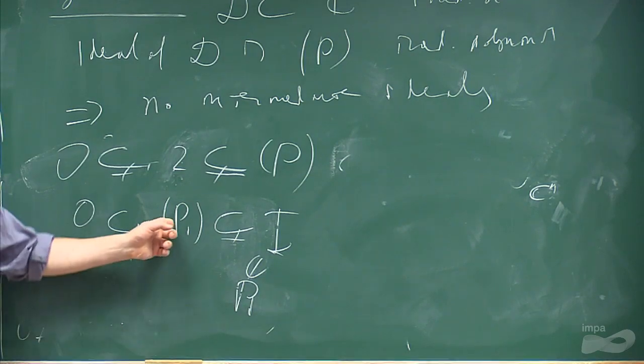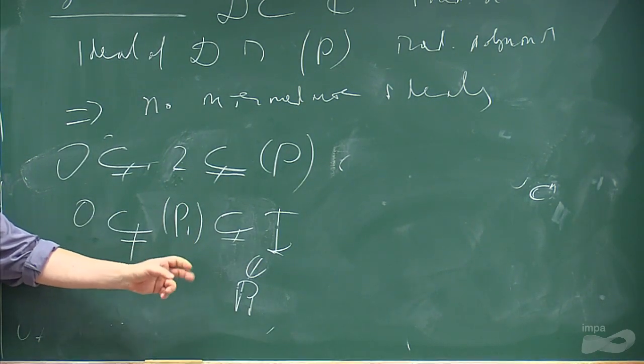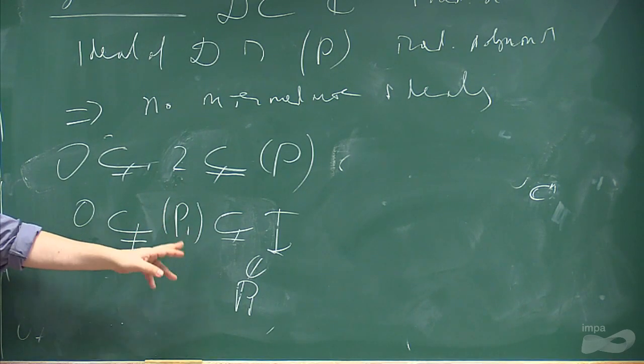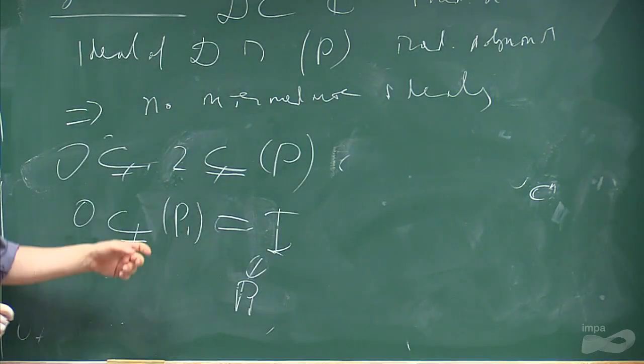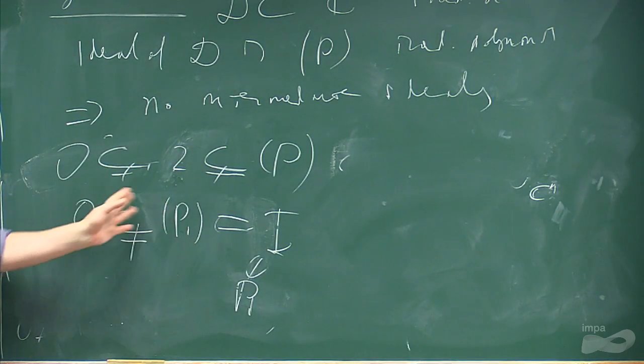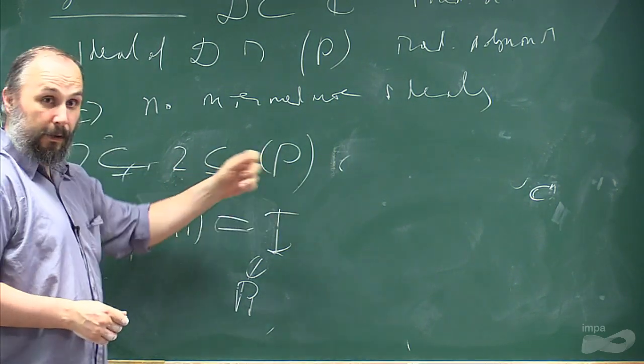Since it's a minimal chain, they're actually equal. So the first step of any maximal chain of prime ideals is a principal ideal of this form.